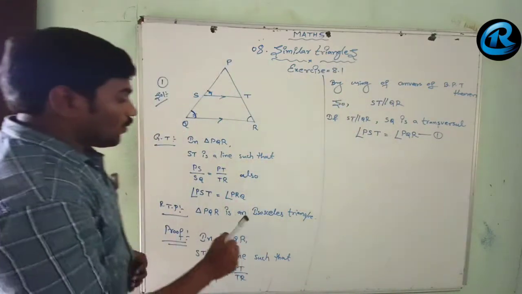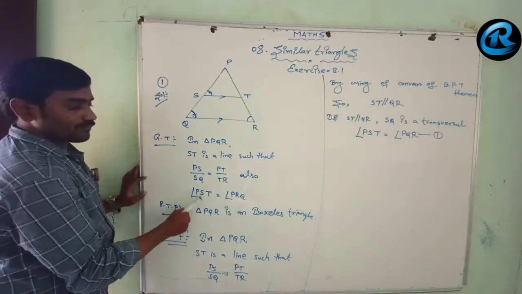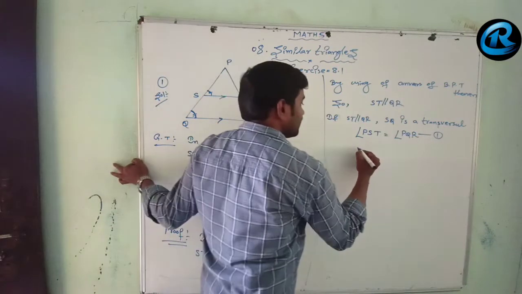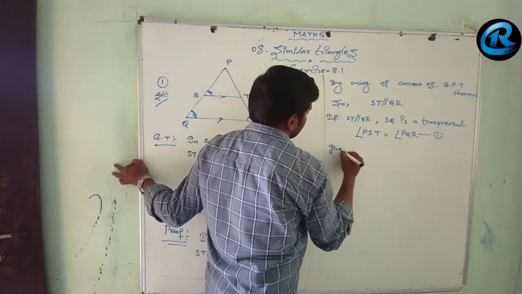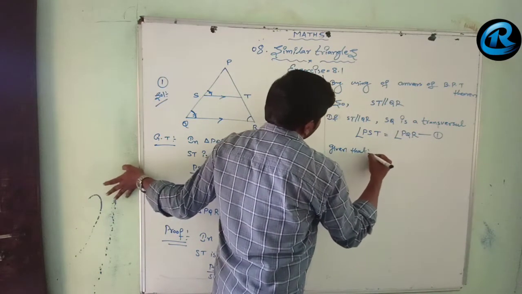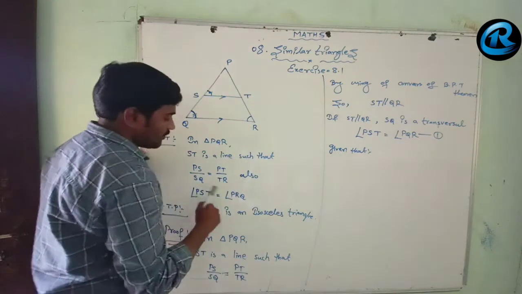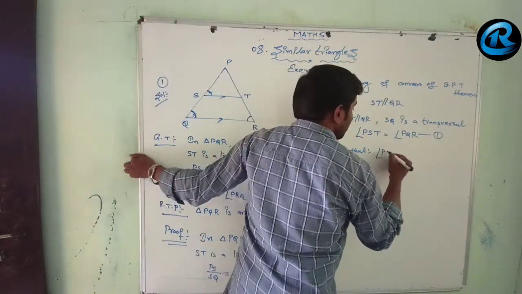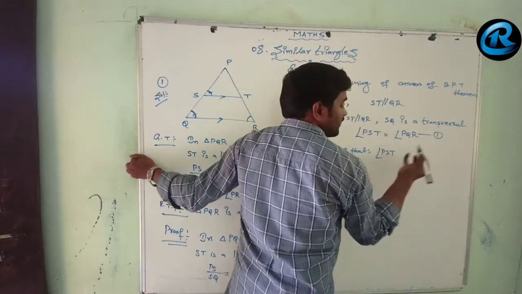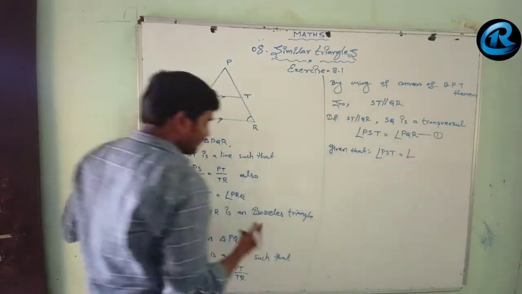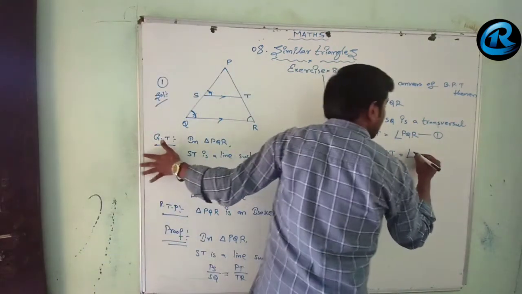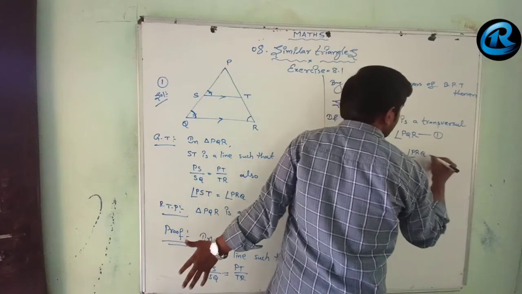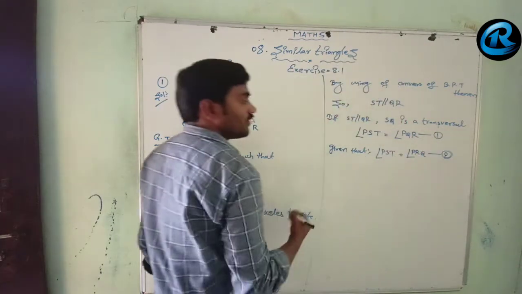And also one of the equations is given here already. Angle PST, or TSP, both are the same only, that is equal to angle PRQ. This is equation number 2 we will give it.